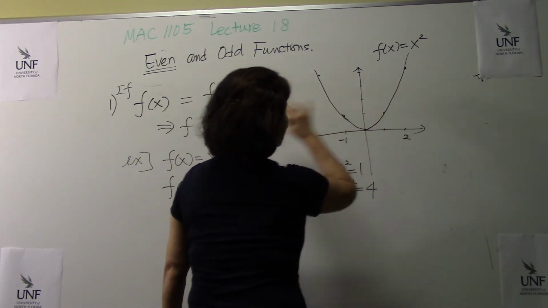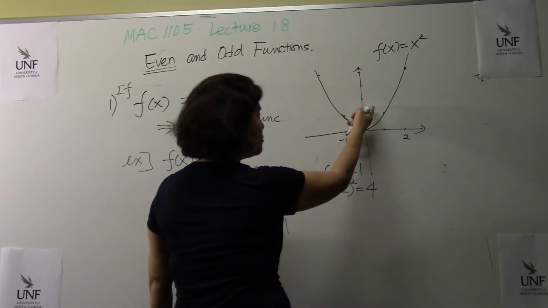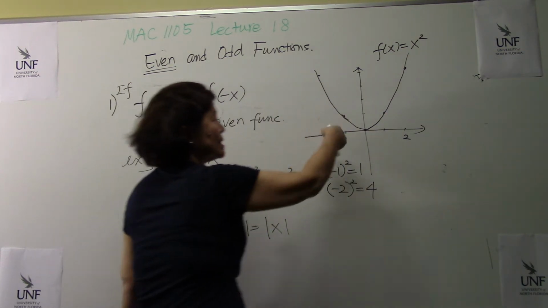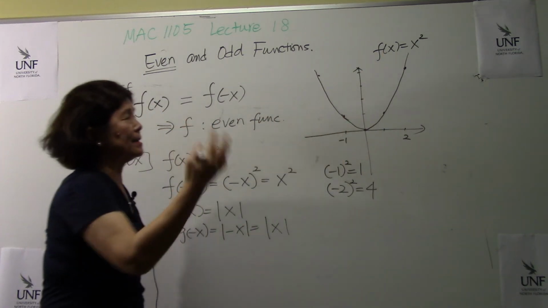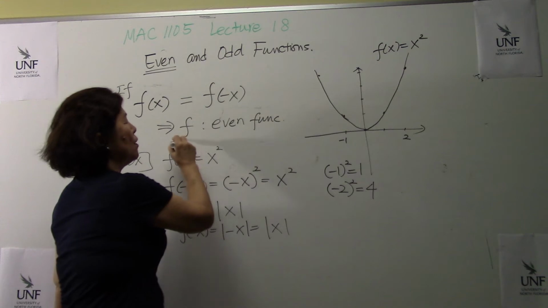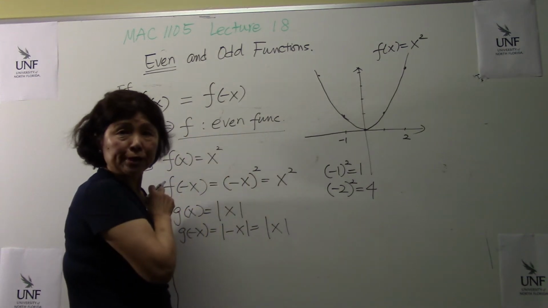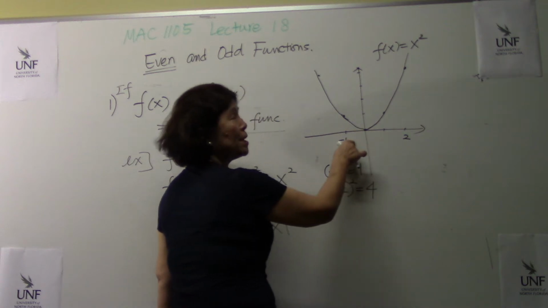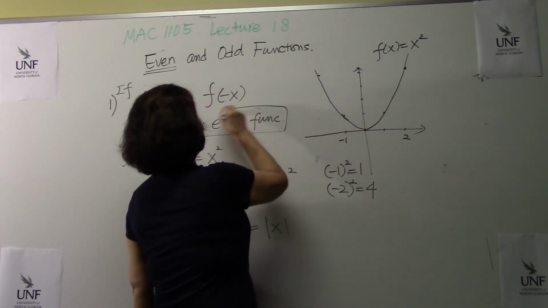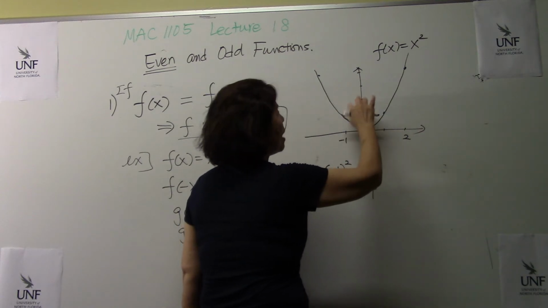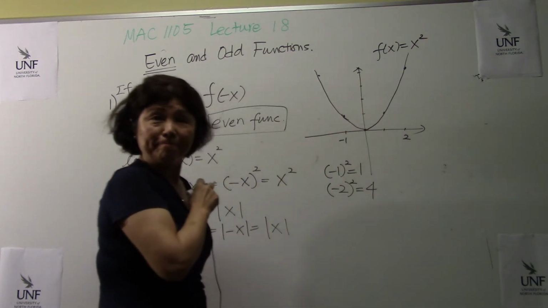What do you see? You see a symmetry about the y-axis. And this is not just for f of x equals x squared. It's going to happen whenever the function is an even function. It's a very, very important fact. Whenever your function is even, the graph is symmetric about the y-axis.